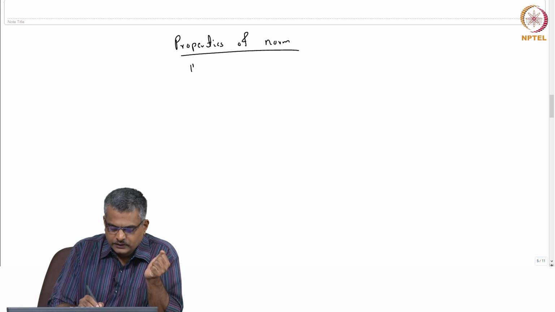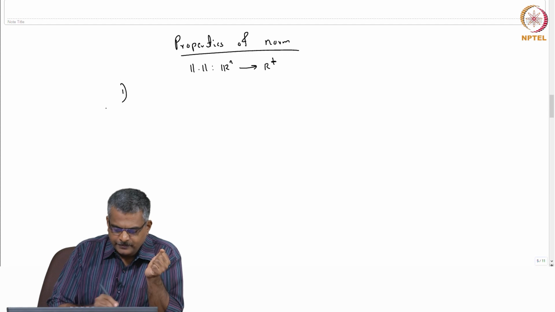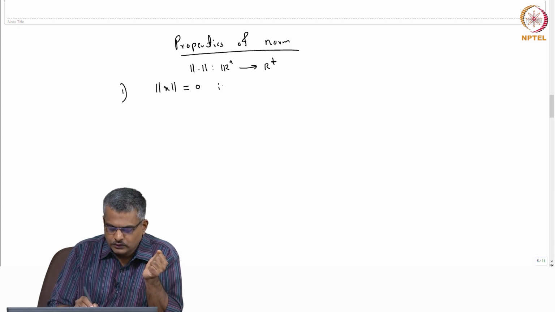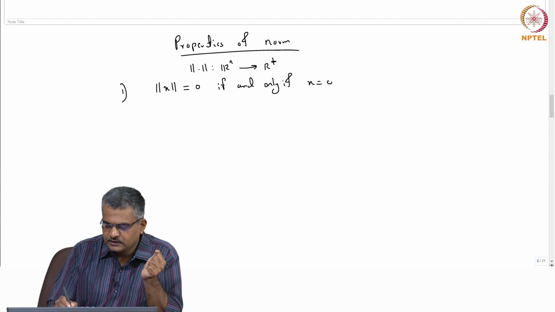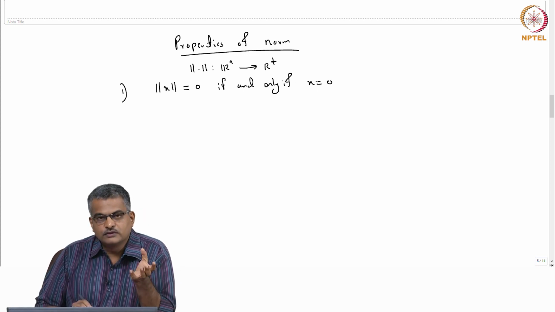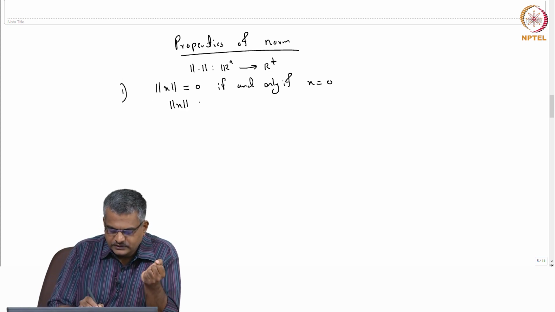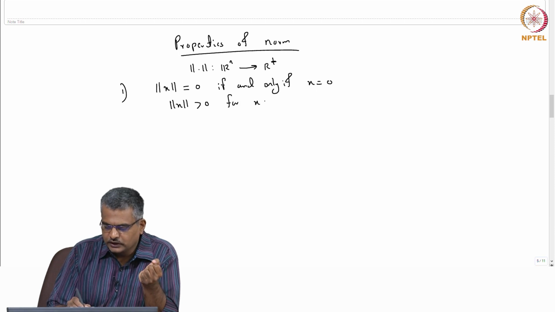As we have seen, the norm is a mapping from Rn to R plus. The first property is the positivity property, that means the norm of x is equal to 0 if and only if the vector is the trivial vector. So, if norm of some vector is 0, that means the vector has to be identically equal to 0, and conversely if you take a 0 vector, its norm is 0. And norm of x is positive whenever x is not equal to 0.